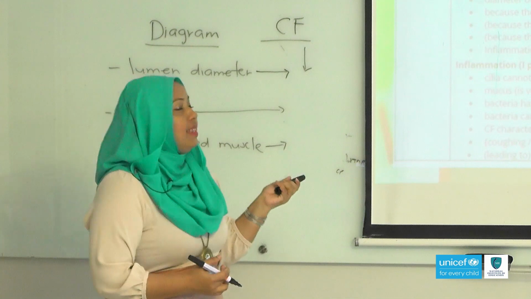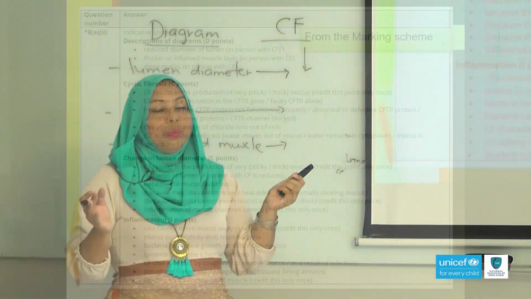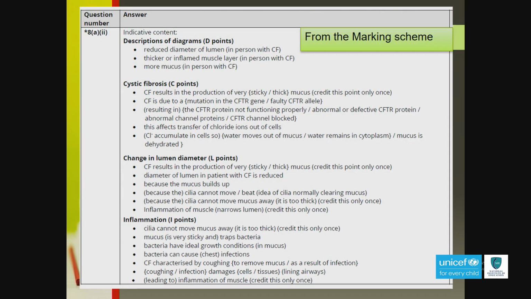If you look at the marking scheme, wow, a lot of things are there, a lot of explanations given. So for 6-mark questions you have to write a lot. The important thing is that when you are writing this, it has to be full sentences. You can write in point form, but keep in mind that it should be full sentences. You just cannot say mucus is more here, mucus is less in here.